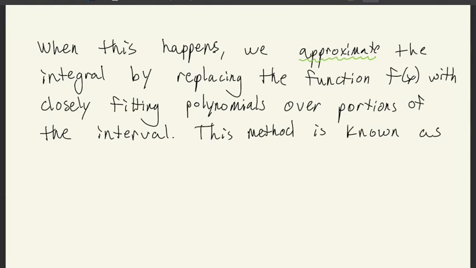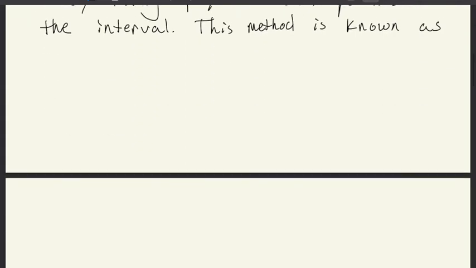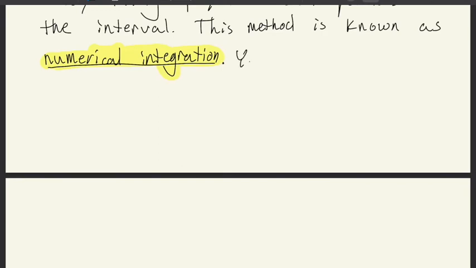So what we do for that is you replace the function f of x with closely fitting polynomials over portions of the interval. This method is known as numerical integration. So numerical integration is I don't actually want to solve this integral, I just want to get a pretty close approximation to what this definite integral is.